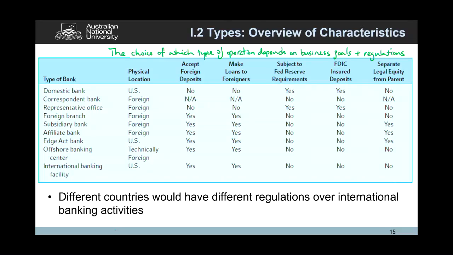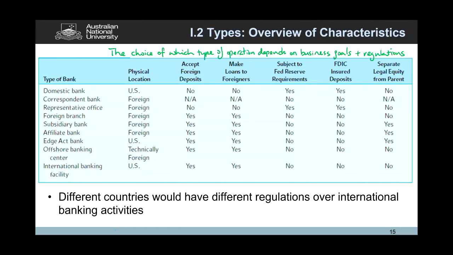For a foreign branch, in most cases, it is subject to both the local law as well as the host country law. So if you are a foreign branch of Commonwealth Bank, then you're subject to the banking laws in Australia as well as the banking law in the foreign country that you choose to operate in.